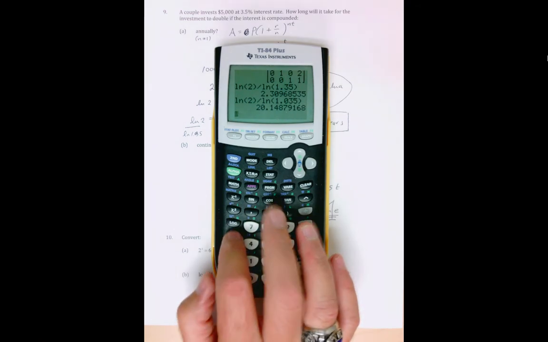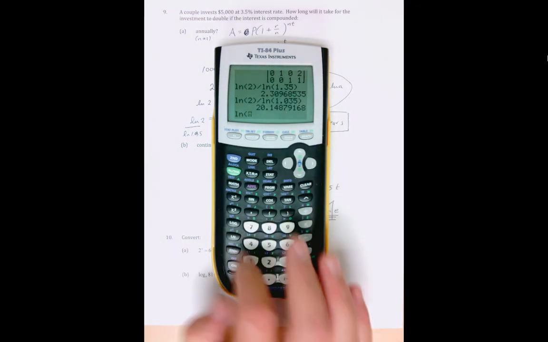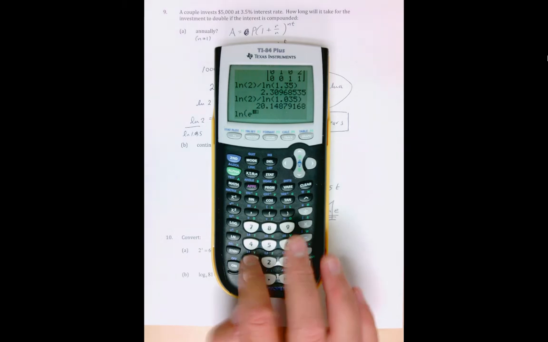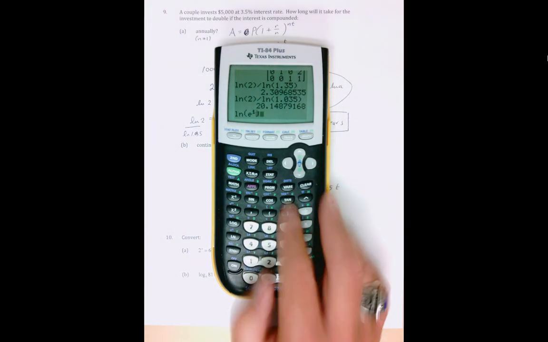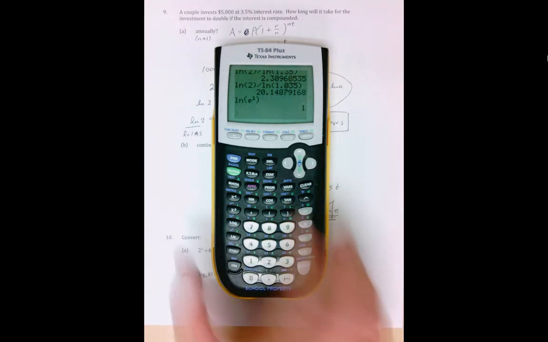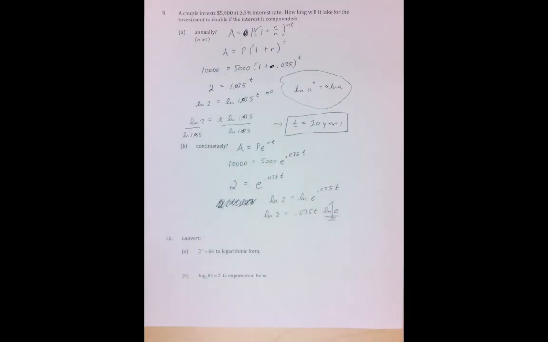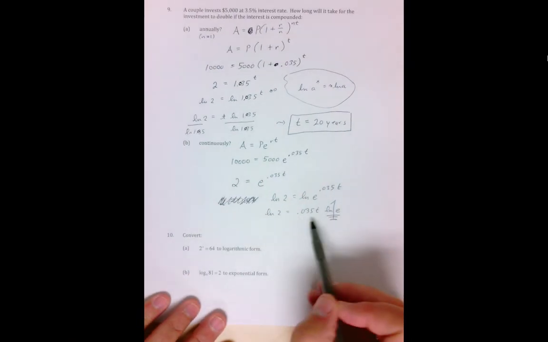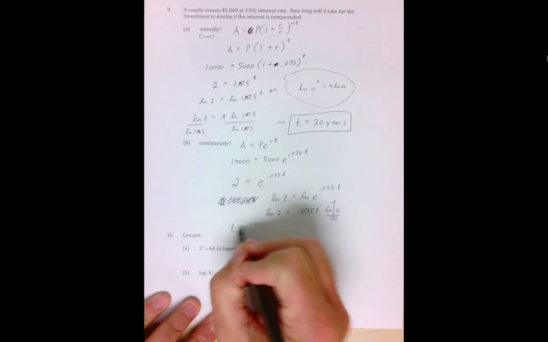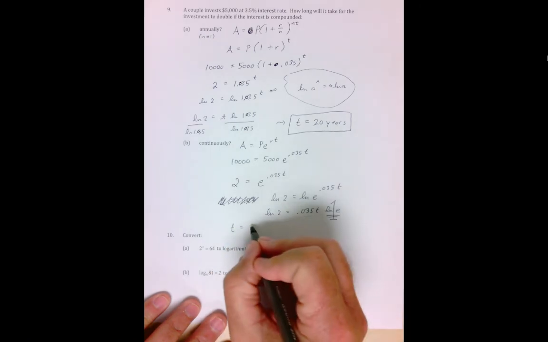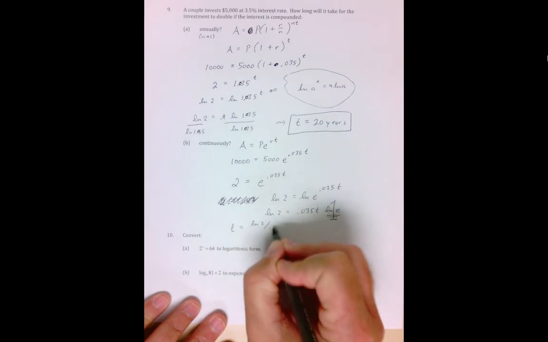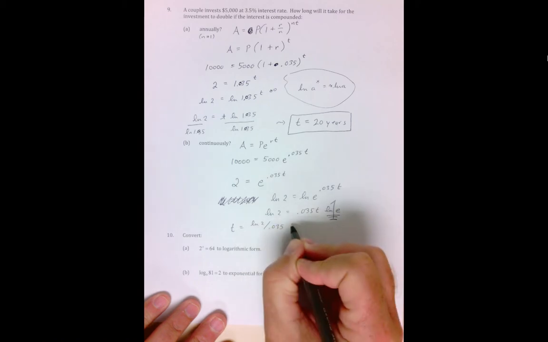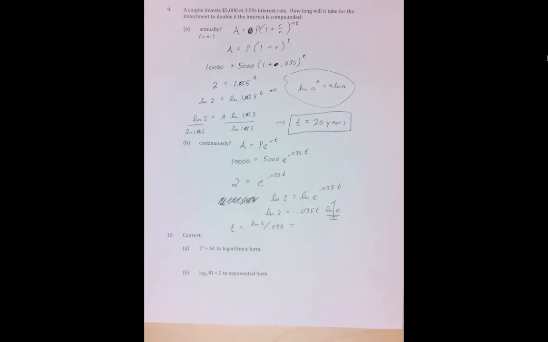Now, guys, the natural log of e is nothing more than 1. You can prove that to yourself by just taking the natural log of e to the first power, and you'll see that it's just 1. Ultimately, we get t, if we divide both sides by 0.035, equals the natural log of 2 divided by 0.035.